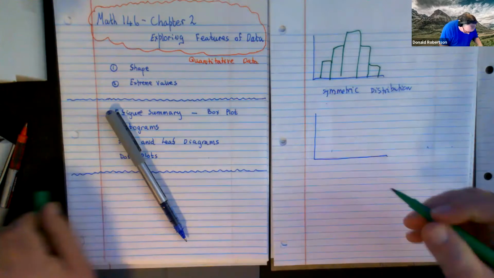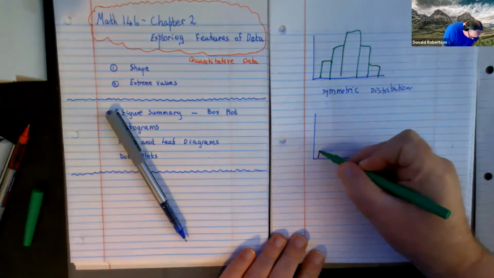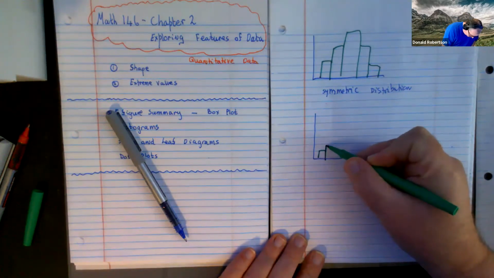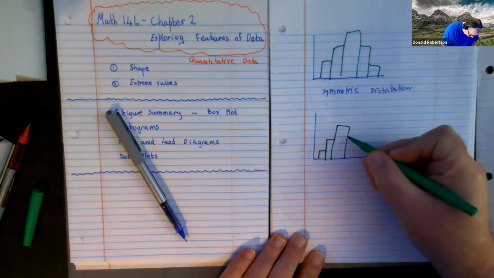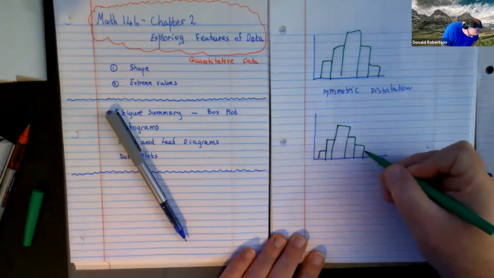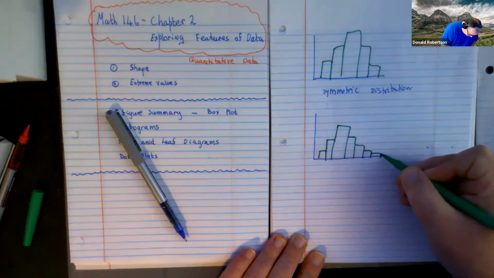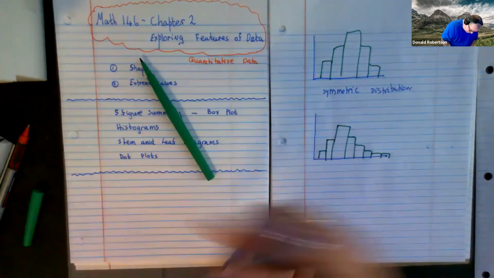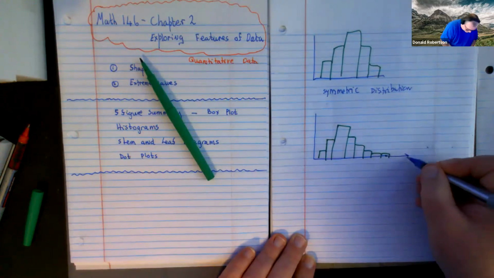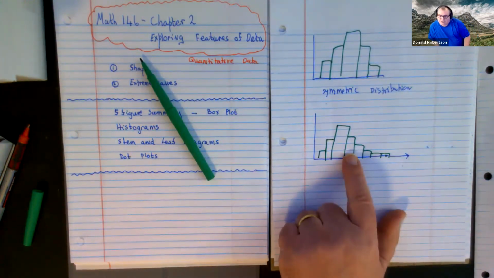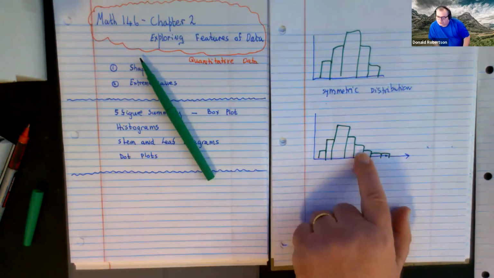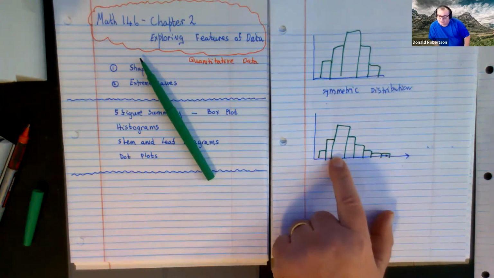Okay, thanks. Now, you might get data that looks like this. Now, in this case, would you agree it's not balanced anymore, right? Isn't there a lot more tailing off this way and not so much this way?